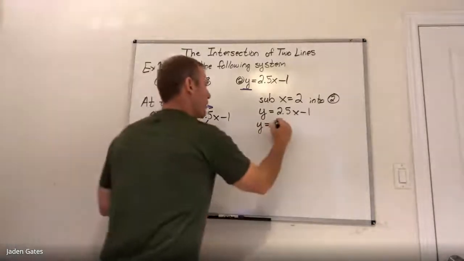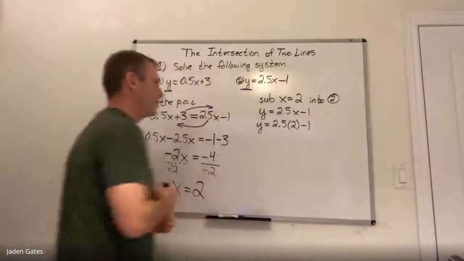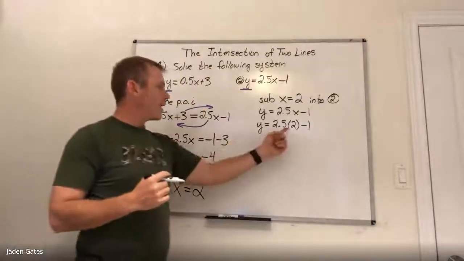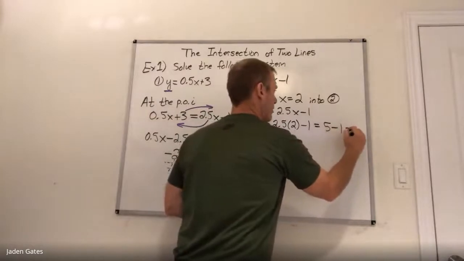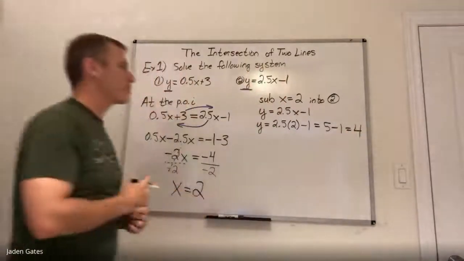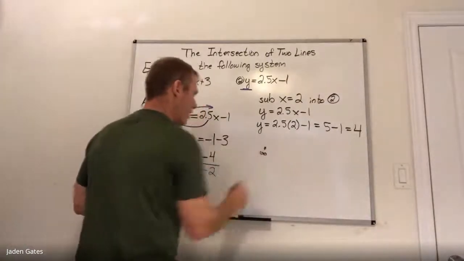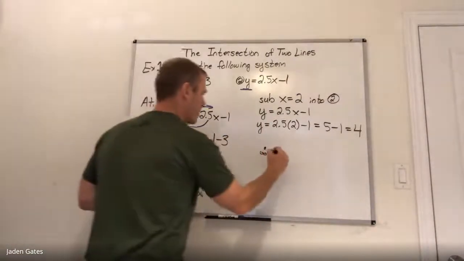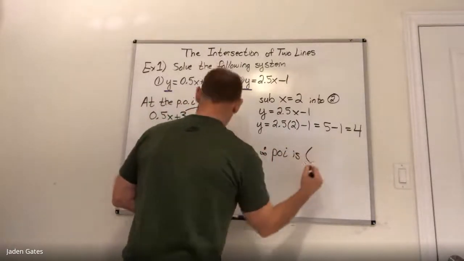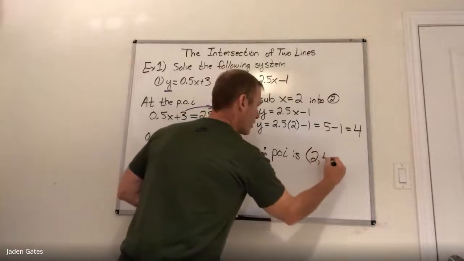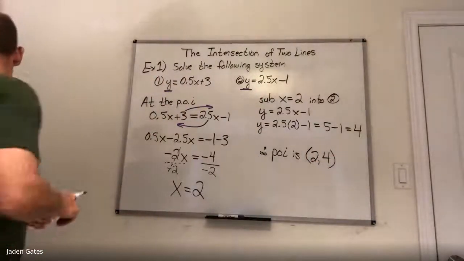So I got 2.5 times 2 minus 1. 2.5 times 2 is 5, and then minus 1. Well, 5 minus 1 gives us a 4. And so lastly, therefore, I've got the x coordinate, I got the y coordinate. So my point of intersection is, my x value is 2, and my y value is 4. That's where they meet.